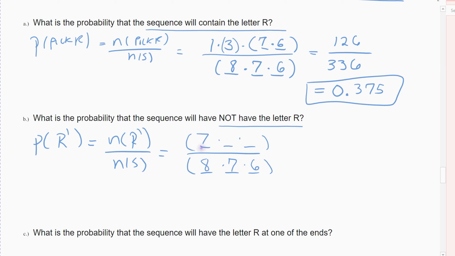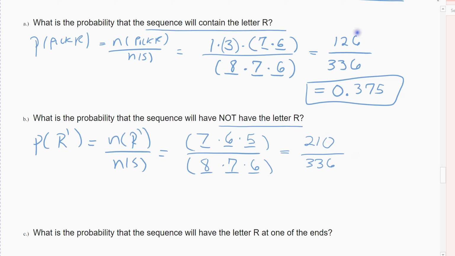So I've got 7 letters that are not R for the first spot, 6 for the second spot, and 5 for the last spot. So up top, it's a product of 7, 6, 5. In the denominator, it's the same product we had before. So this is 336 total outcomes. When I take 7, 6, and 5, 210 of them do not contain the R.